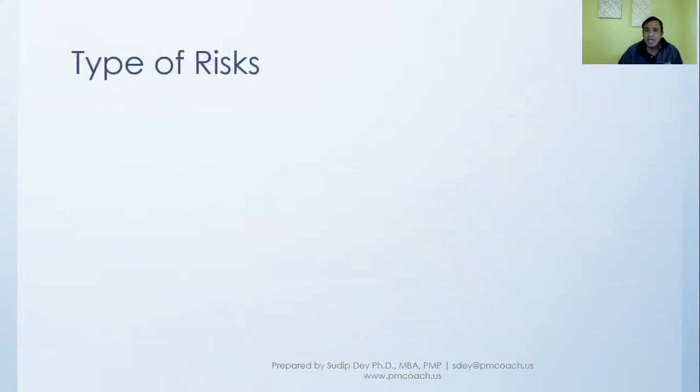Now, there are different types of risk. So it's good to understand what the different types of risk are. It'll give us a very well-rounded picture about what risks are. First and foremost, let's discuss business risk and pure risk.